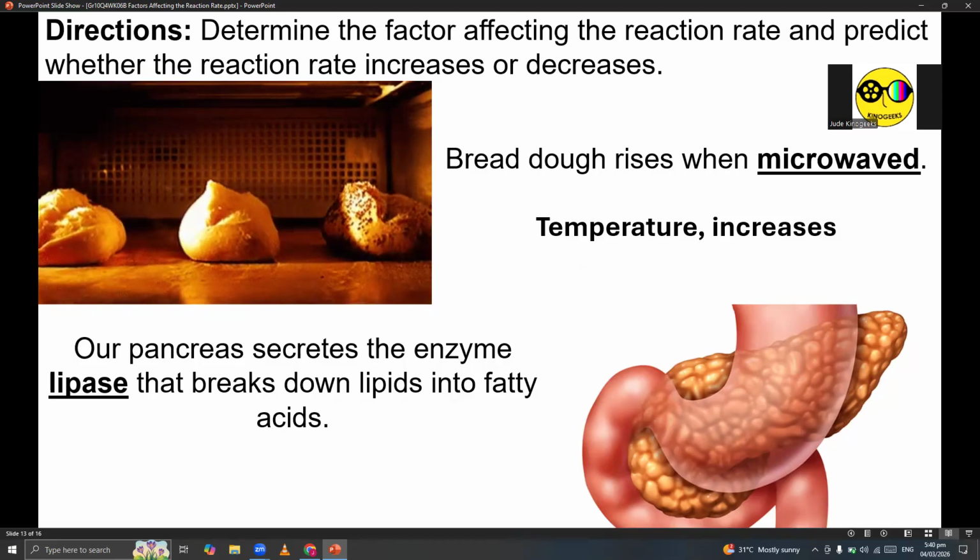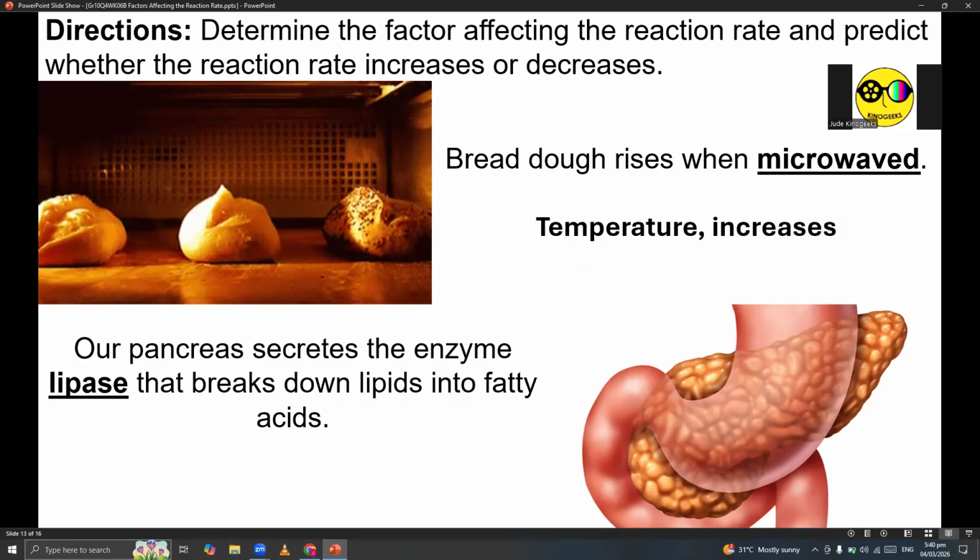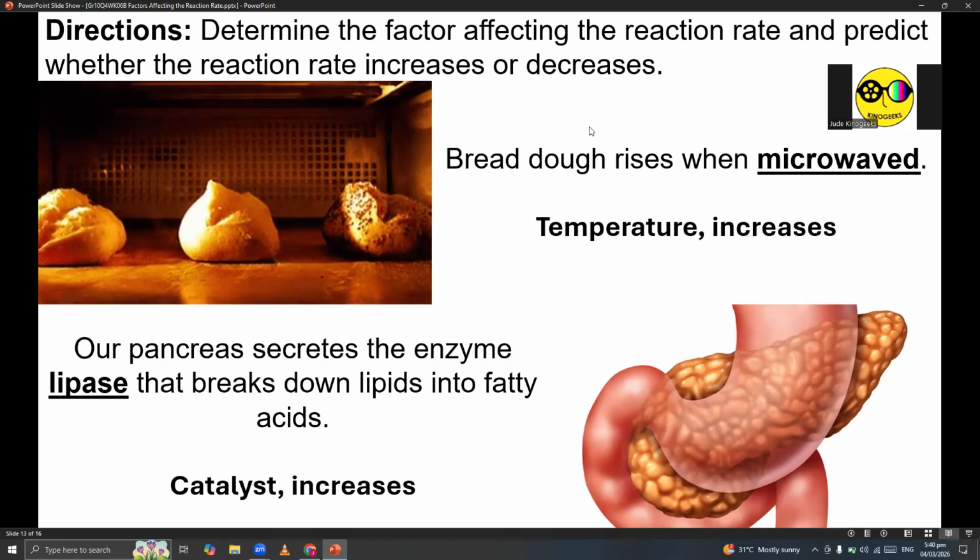And as long as we are alive, the lipase in our pancreas will be like bottomless, a never-ending supply. Therefore, lipase acts as an enzyme, as a catalyst, and the presence of a catalyst increases the reaction rate.